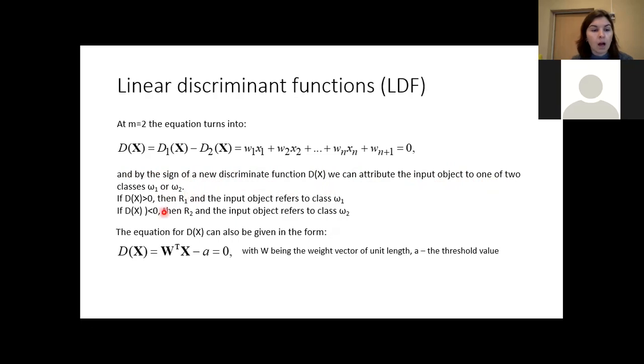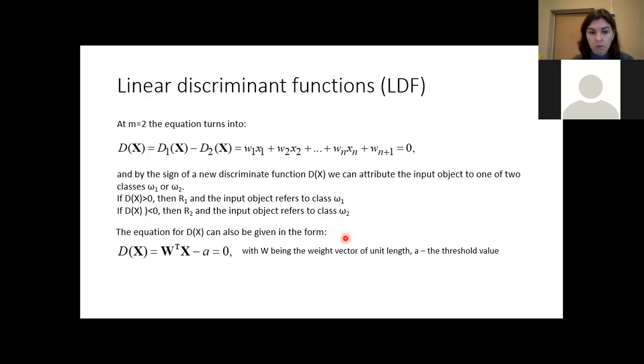If the discriminant function is greater than 0, then we are in region number 1, and the input object refers to class omega 1. In the opposite case, when the discriminant function is less than 0, it corresponds to class number 2.